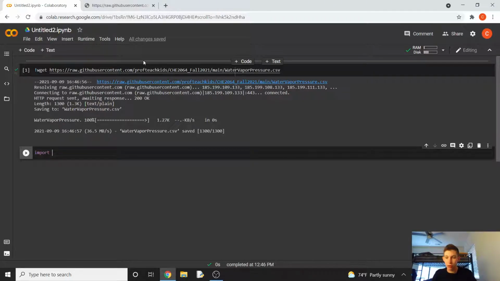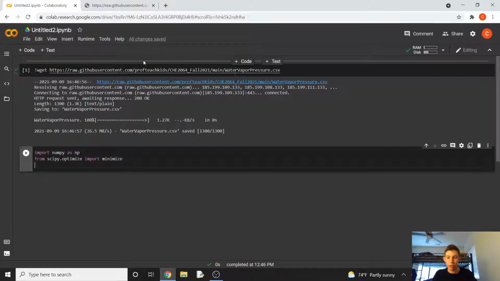We have to import a few modules first. We're going to import NumPy. We're going to start with the nonlinear regression, so from SciPy, import minimize.